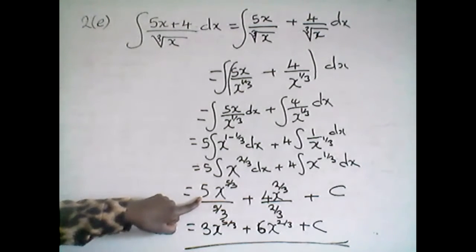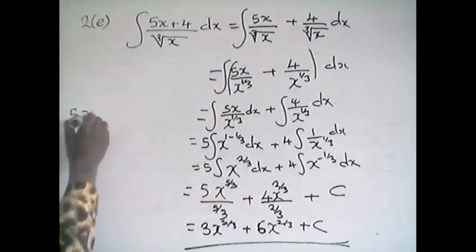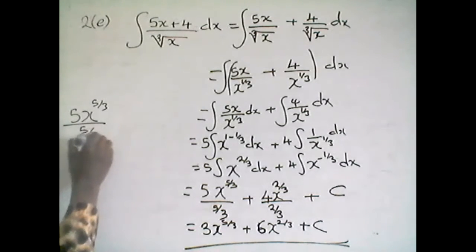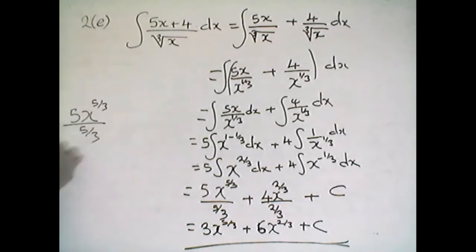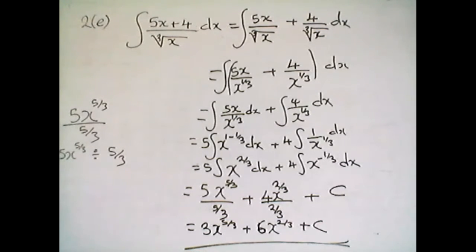This part here. Let me put it aside. We have 5x^(5/3) divided by 5/3. When you divide, you introduce multiplication and reciprocate.